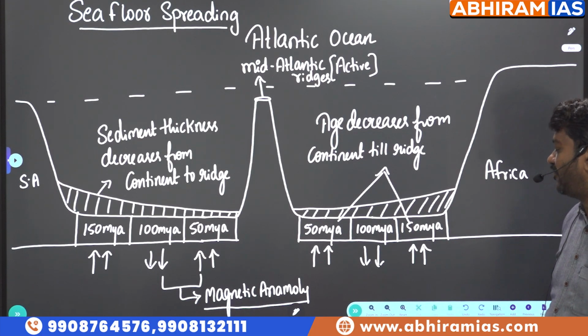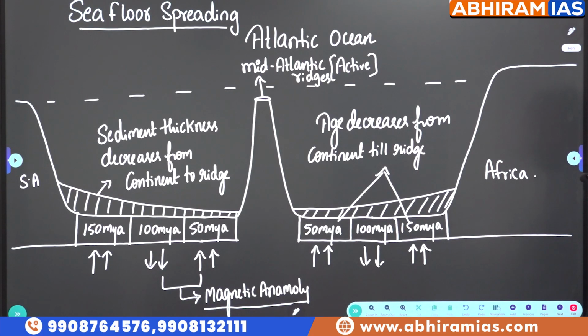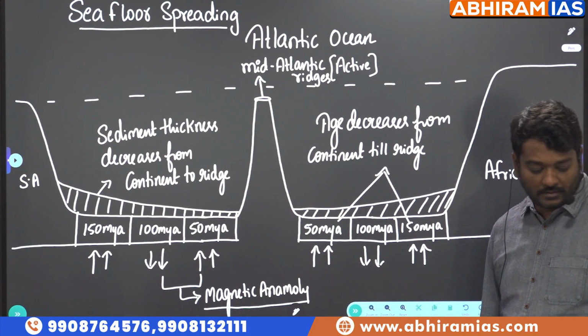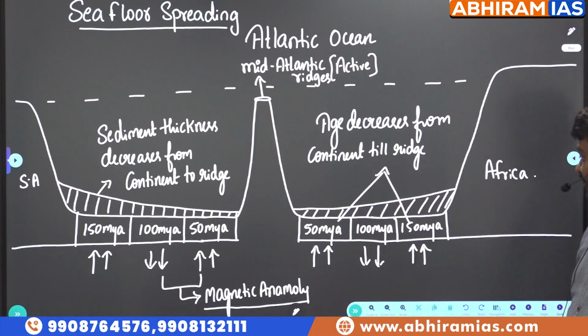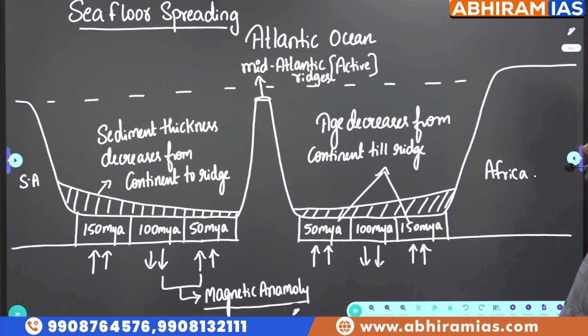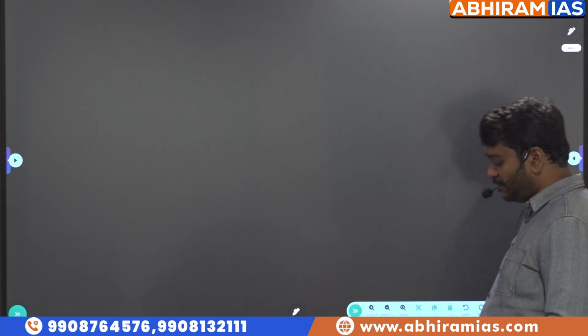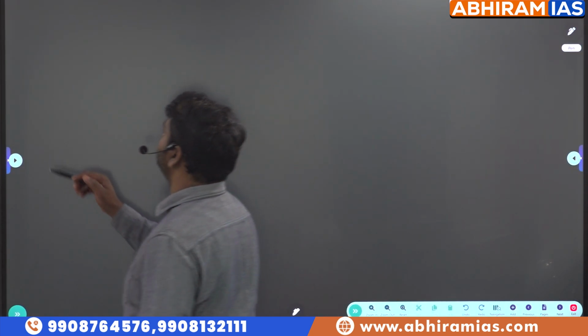New crust is formed near the ridge. Second, continent is older. So you can write continent can be older than oceanic crust.